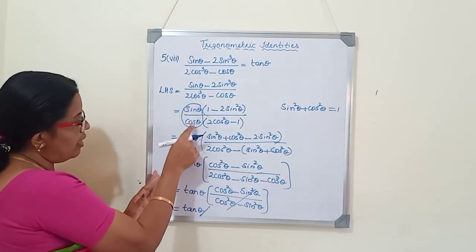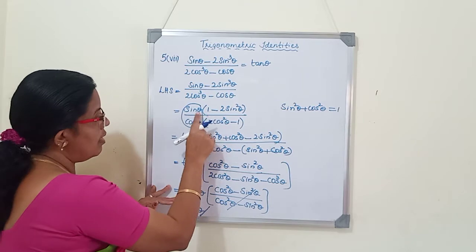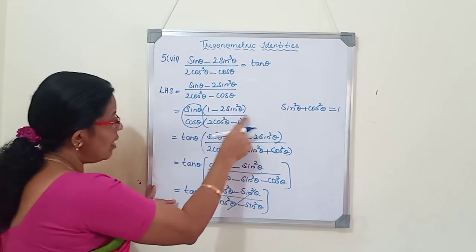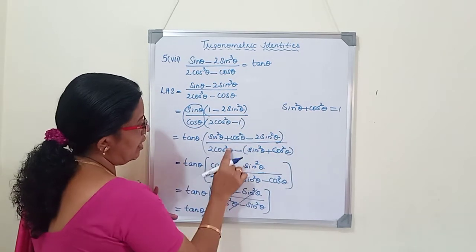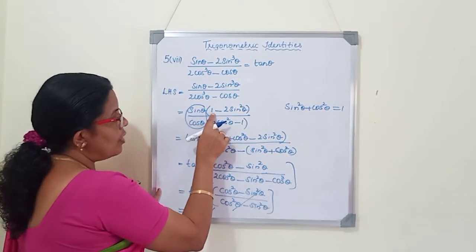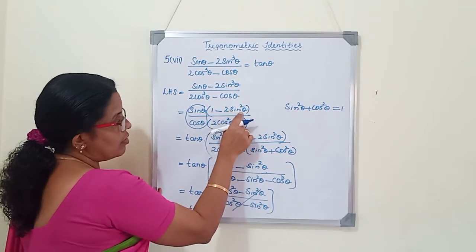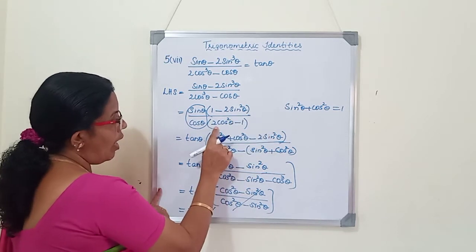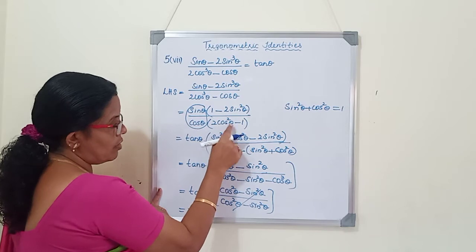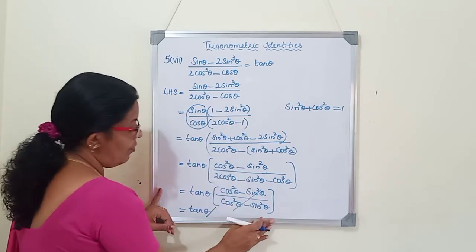Numerator sin theta and denominator cos theta we had taken. Remaining term we had written in the bracket. And 1, instead of 1 we had written sin square theta plus cos square theta and simplified. So, instead of doing this 1 minus 2 sin square theta, if you write minus sin square theta minus sin square theta, and here 2 cos square as cos square plus cos square theta, if you write and simplify also we will get the answer.